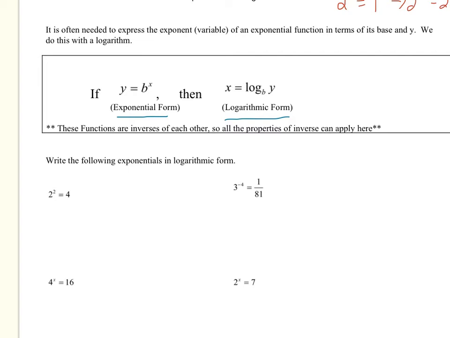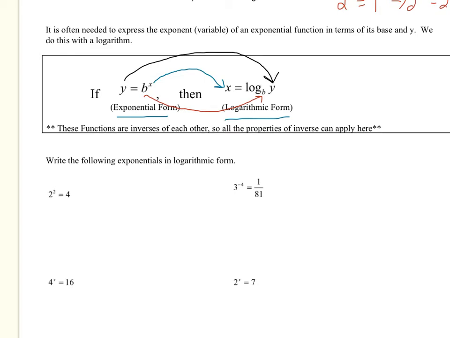Now you'll notice all these things have the same parts, just in different places. The x that was in the exponent is now all by itself. The base of the exponential, b, is now the base of the logarithm. And whatever was y by itself in the exponential is now inside the logarithm.